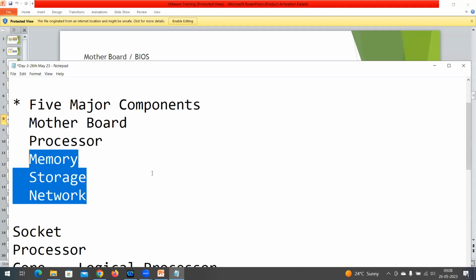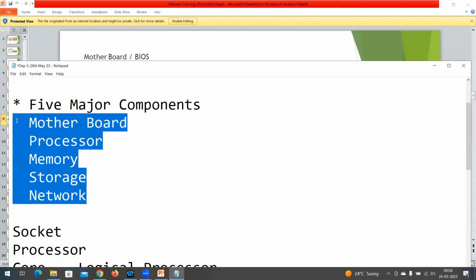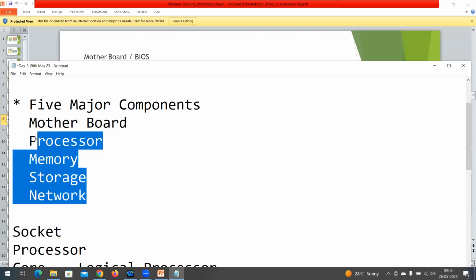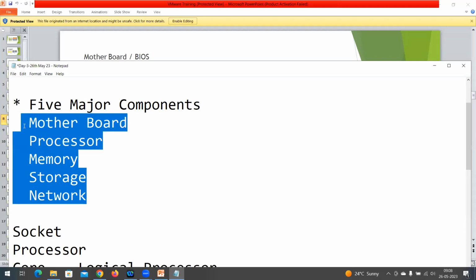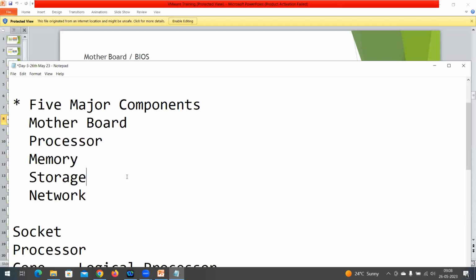A server is nothing but a system, and a system is a combination of 5 major components. If you cannot visualize the physical presence of these 5 components, you cannot imagine how it looks in a virtualization environment. That's the reason we are going to discuss these 5 components.